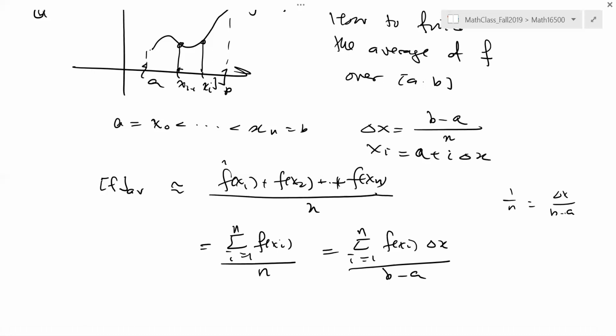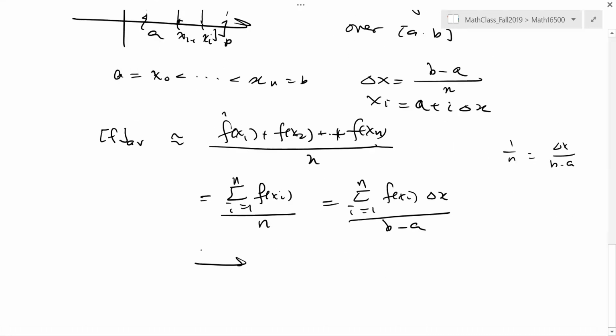The numerator is a Riemann sum. When n approaches infinity, the denominator is the same number and the numerator becomes the integral of the function. So that is the average value of the function.